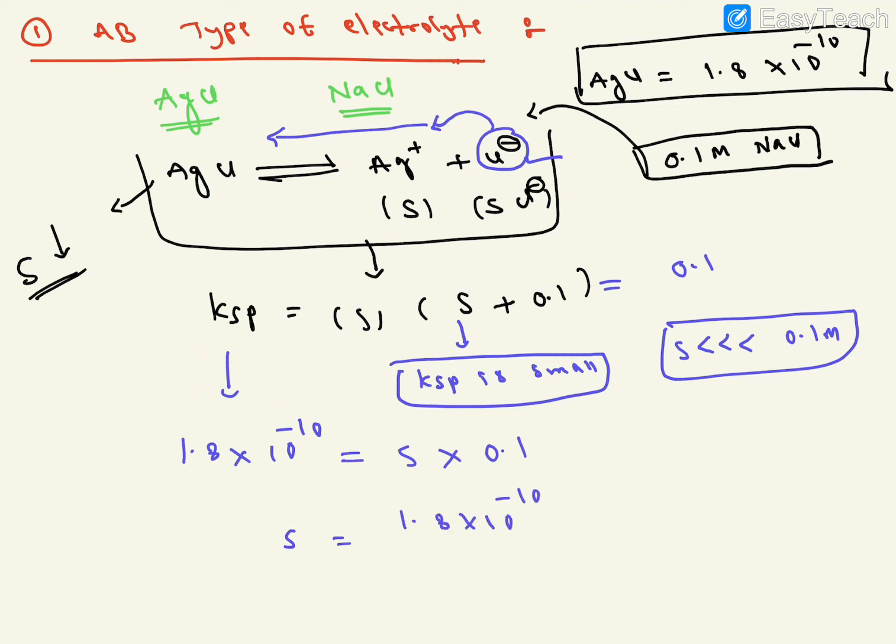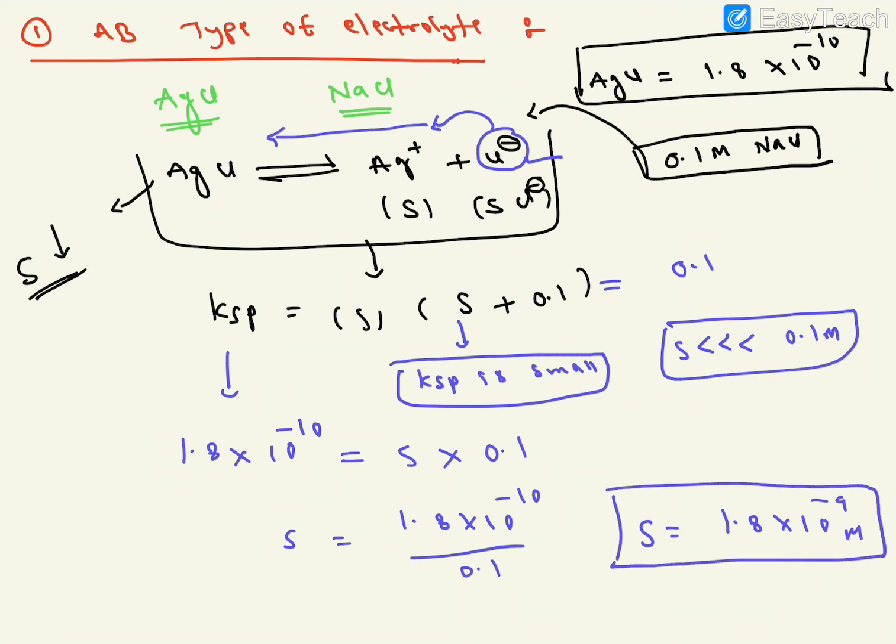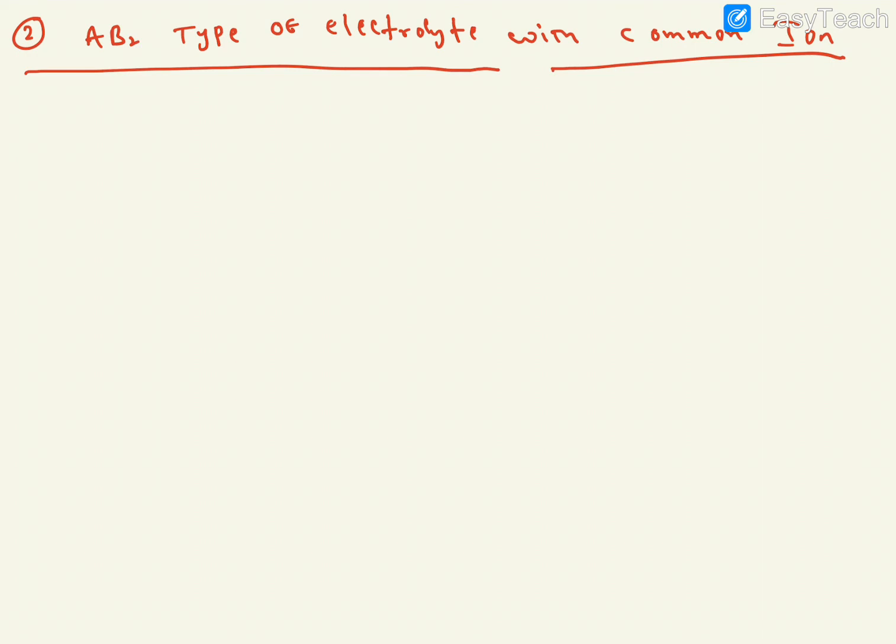The solubility product is 1.8 into 10 to the power of minus 10, divided by 0.1. So S is equal to 1.8 into 10 to the power of minus 9 molarity. So this is the solubility. I hope it is clear.